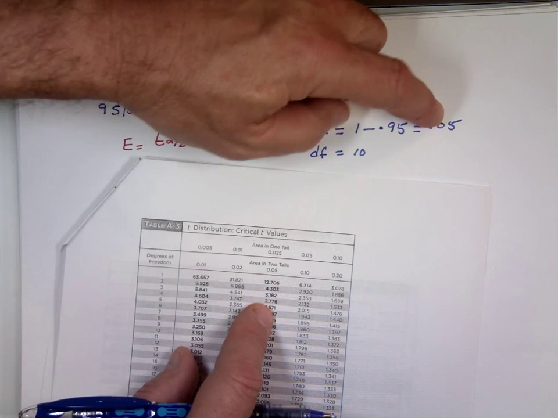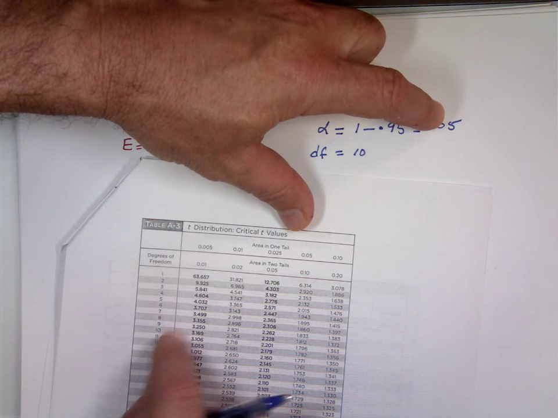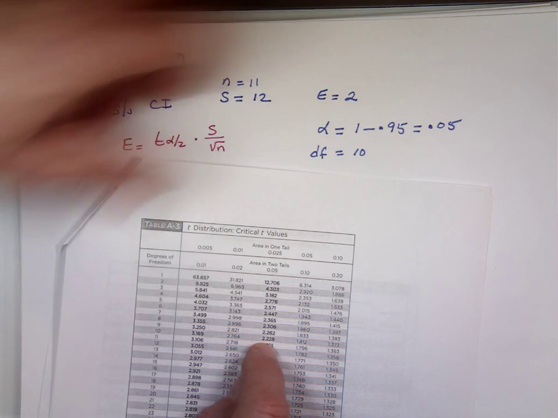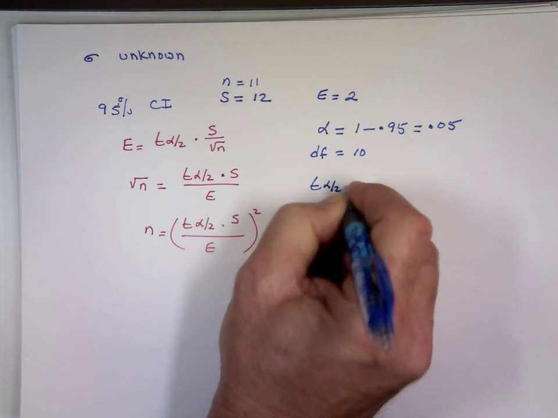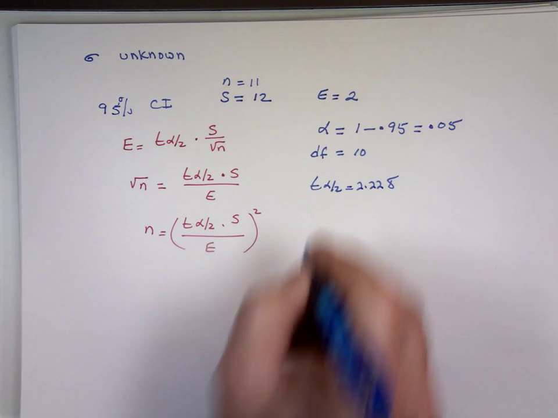Degrees of freedom is 10, and that gives me, if I'm seeing it correctly, 2.228. So what should my sample size be?